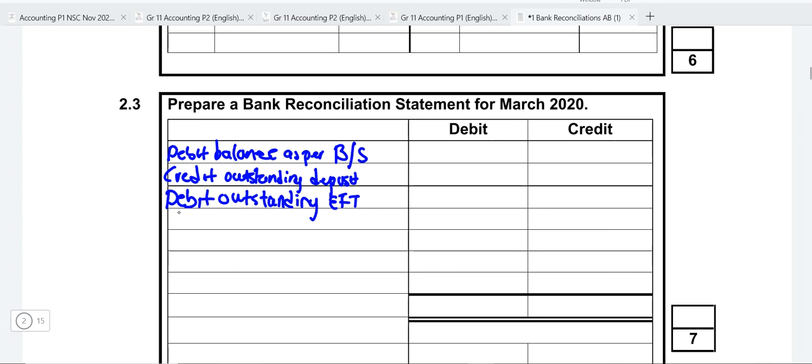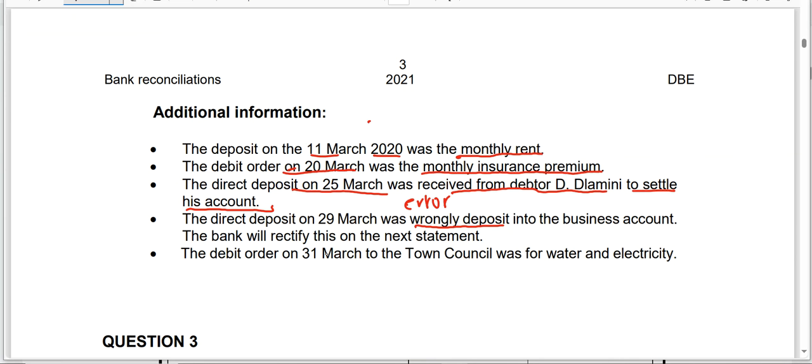Then you'd also have balances per bank account, but we'll need to wait a little bit before we can write that. So now let's go back to that information. Here they said that the direct deposit on the 29th of March was wrongly deposited into the account of the business, meaning we need to check where the deposit was made firstly, which side the deposit is recorded.